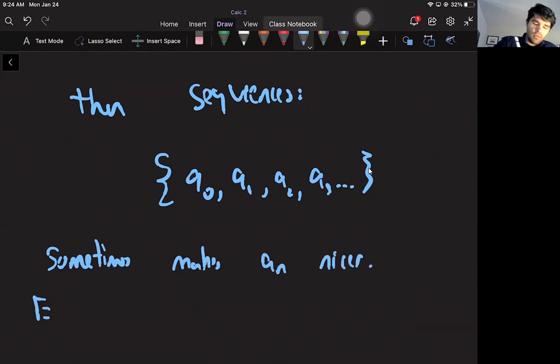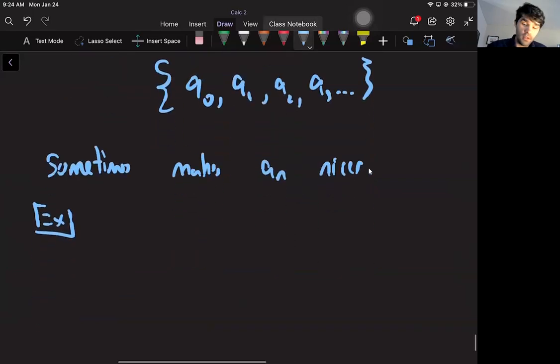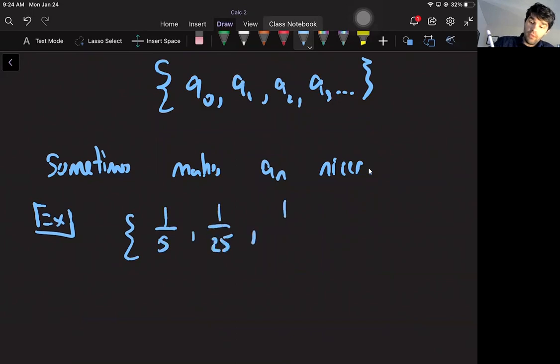So let's see an example of why you might want to do this. So 1/5, 1/25, 1/125. Oh wait, sorry, I'm going to change the numerators. Let's see, I want this to be 1, 2, 4, 8.